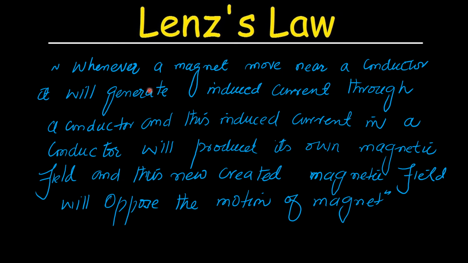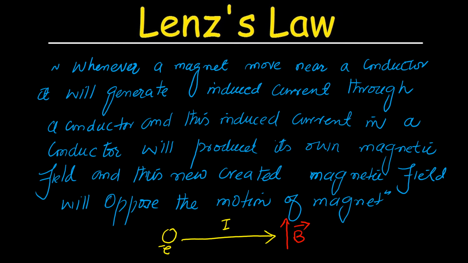This statement clearly states that when a magnet moves near a conductor, there will be a change in magnetic flux. And when there is a change in magnetic flux, a current will be induced in the conductor. As you know, every moving charge, suppose an electron that is moving, has a current, and a current will also have a magnetic field, perpendicular to the motion of the charge.